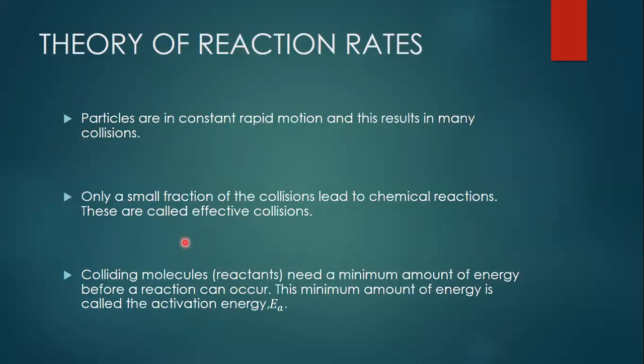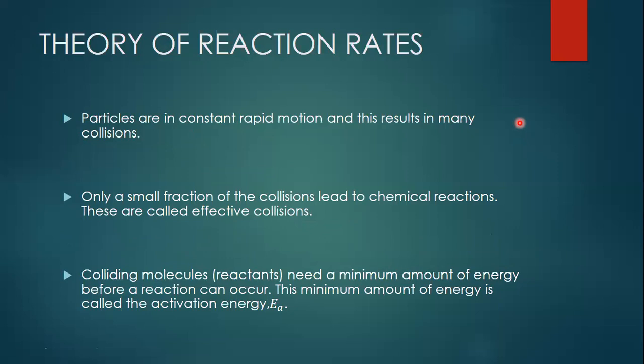So before we can understand reaction rates perfectly, we have to look at 3 theories that have been established, and we call it the theory of reaction rates. So I've summarized it into 3 because they are the most important points there. Now, the theories are such that we normally deal with particles.